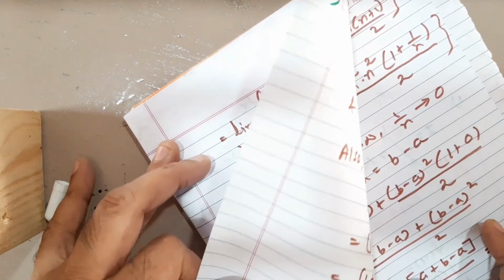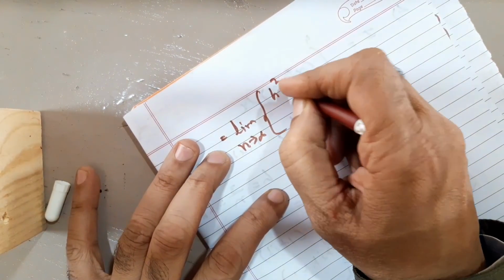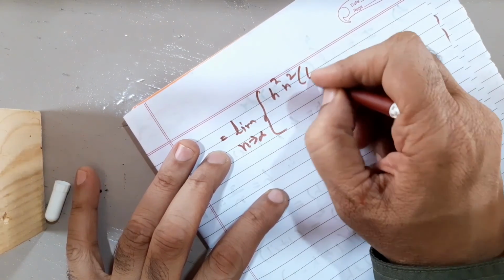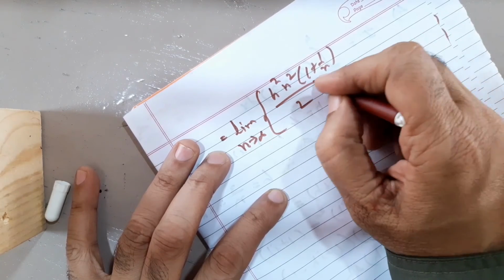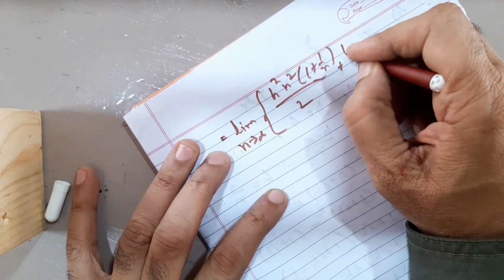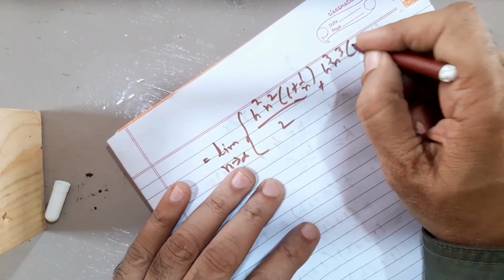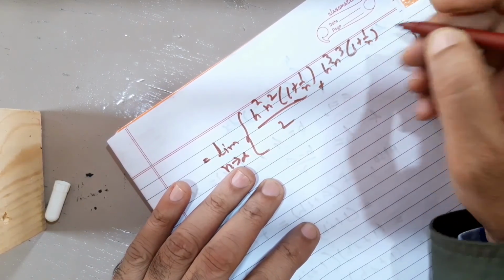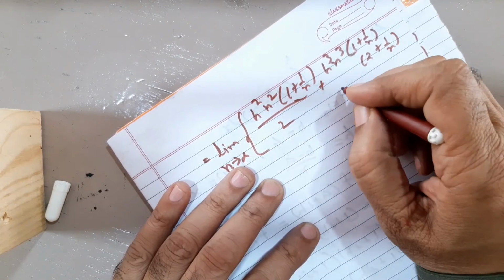It is h square n square into 1 plus 1 upon n by 2, plus here it will be h cube n cube into 1 plus 1 upon n into another bracket 2 plus 1 upon n, and that divided by 6.